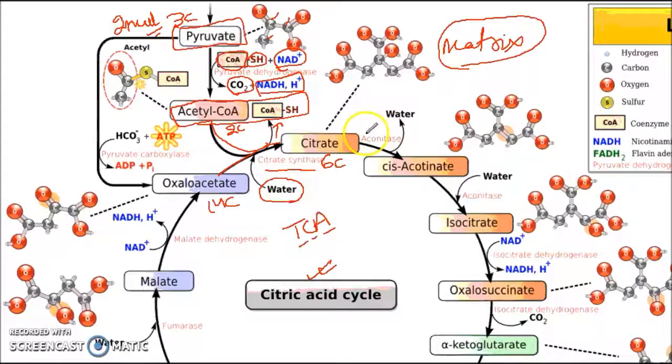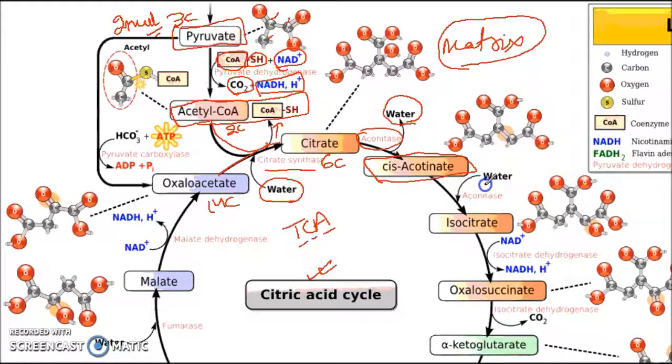An isomerase reaction takes place in the presence of the enzyme aconitase, which removes a water molecule. With the removal of water, citrate converts into cis-aconitic acid. Only an isomerism reaction is going on.